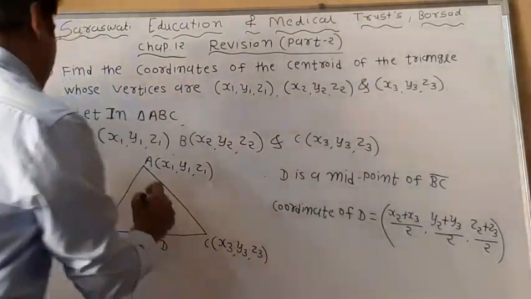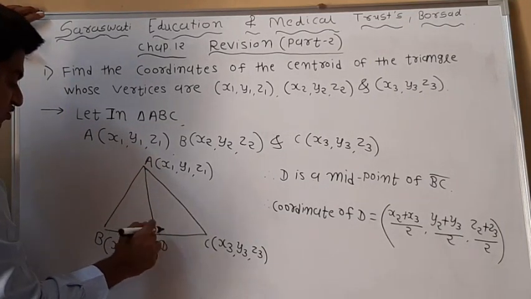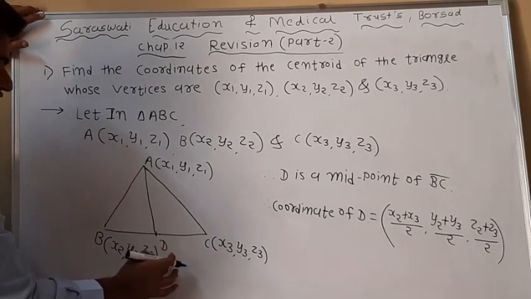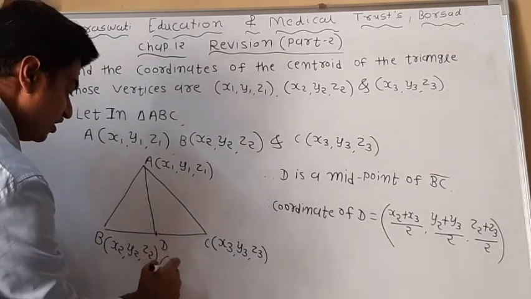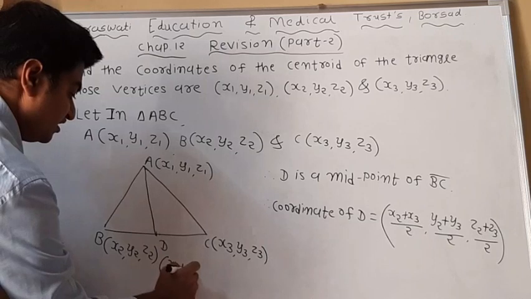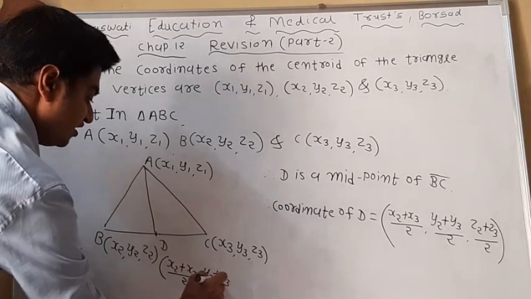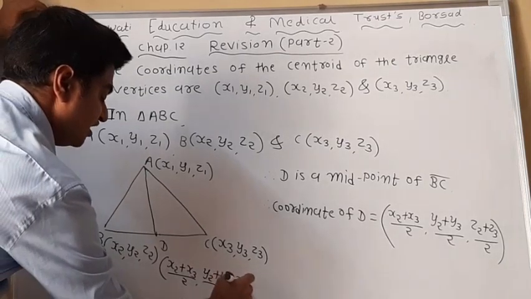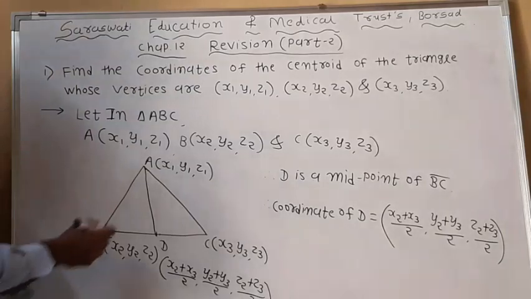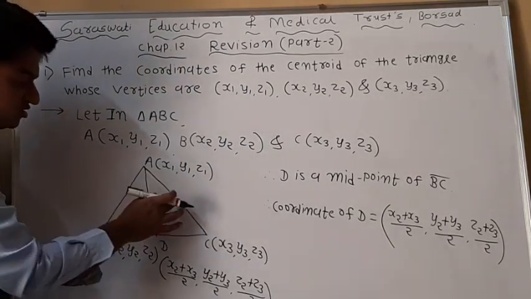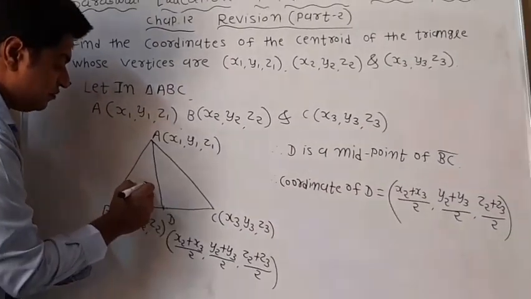Now draw the midpoint, that means join this line. Here the coordinates of D are (x2 plus x3)/2, (y2 plus y3)/2, (z2 plus z3)/2. Now we can consider G the centroid of triangle ABC.